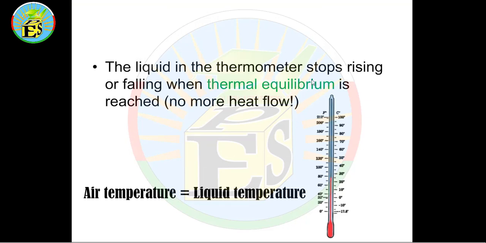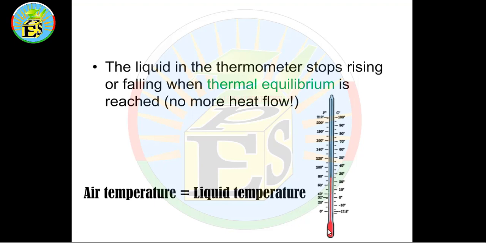The liquid in the thermometer stops rising or falling when thermal equilibrium is reached. No more heat flow. It means we have a liquid inside the thermometer. When this liquid is in thermal contact with the object, the heat will start to transfer from the object to the liquid inside the thermometer.